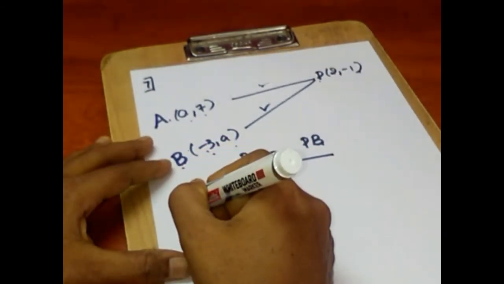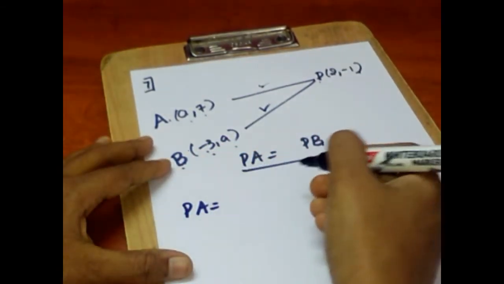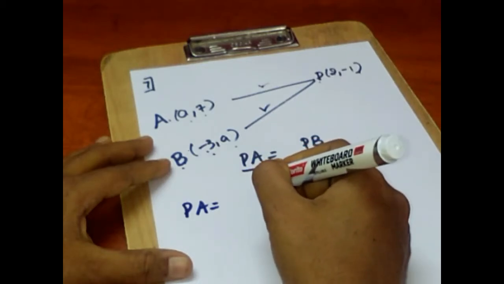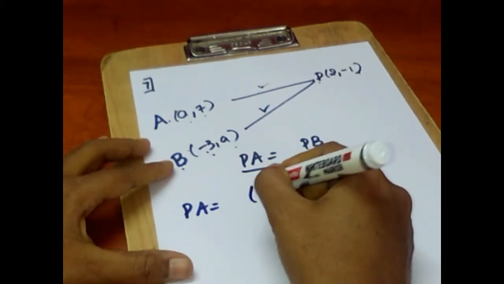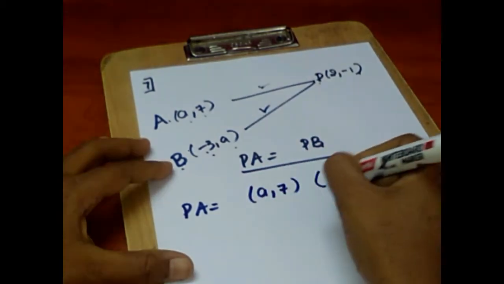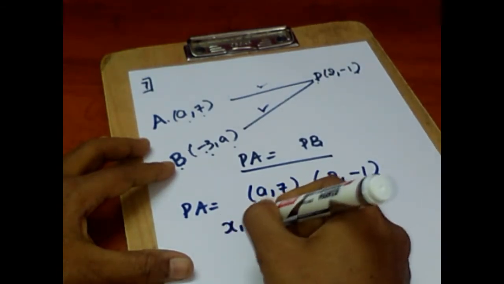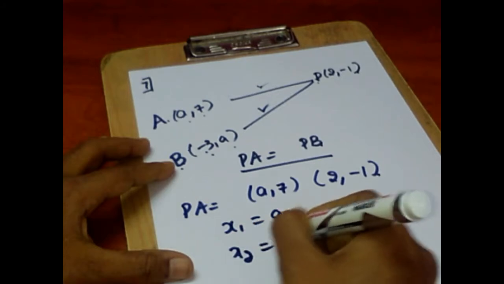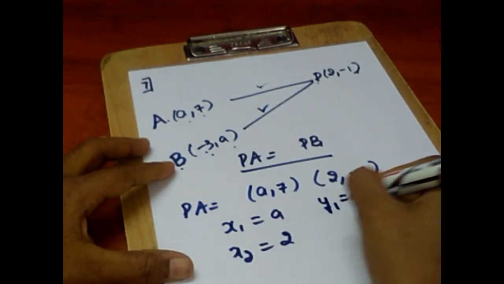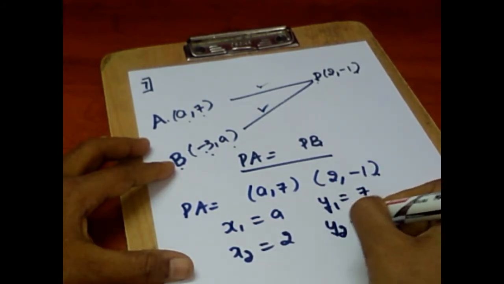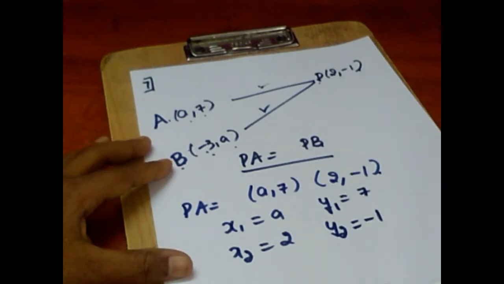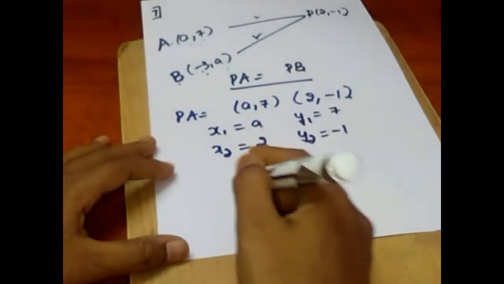So let us calculate the measure of PA, first step, that is (a comma 7) and (2 comma minus 1). x1 is a, x2 is 2, y1 is 7, y2 is minus 1. Hence, apply the formula.